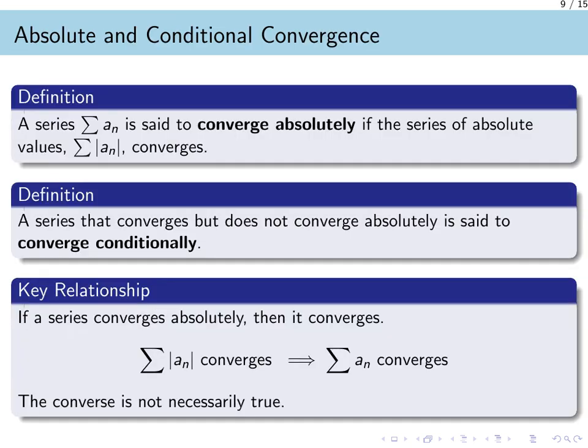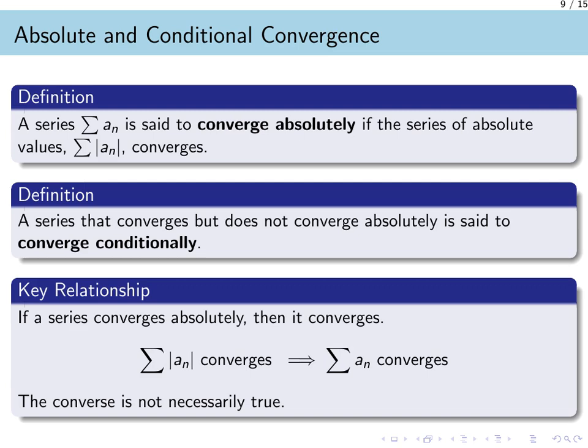We can now formalize the two distinct ways that a series with negative terms can converge, which we call absolute and conditional convergence. First, a series is said to converge absolutely if the corresponding series formed by taking the absolute value of every term also converges. In simple terms, if making all the terms positive does not stop the series from converging, it is absolutely convergent.